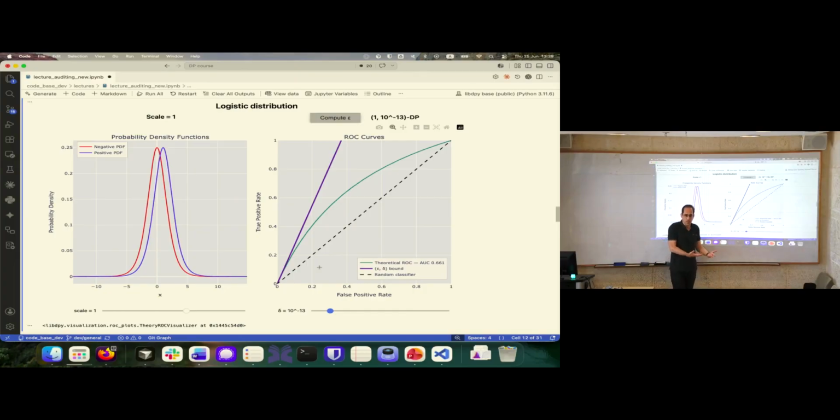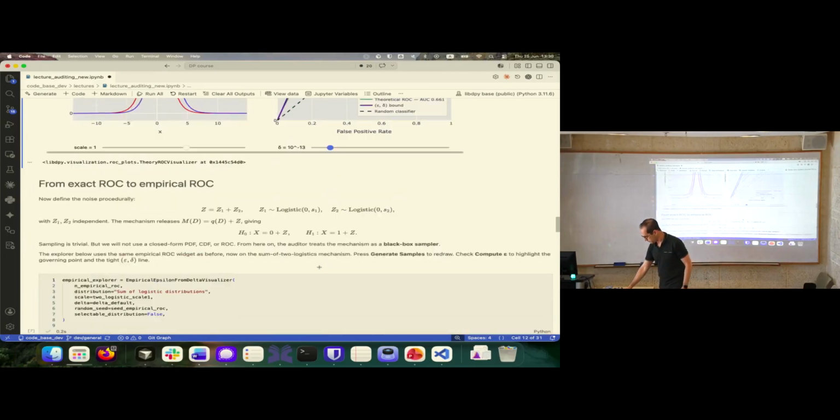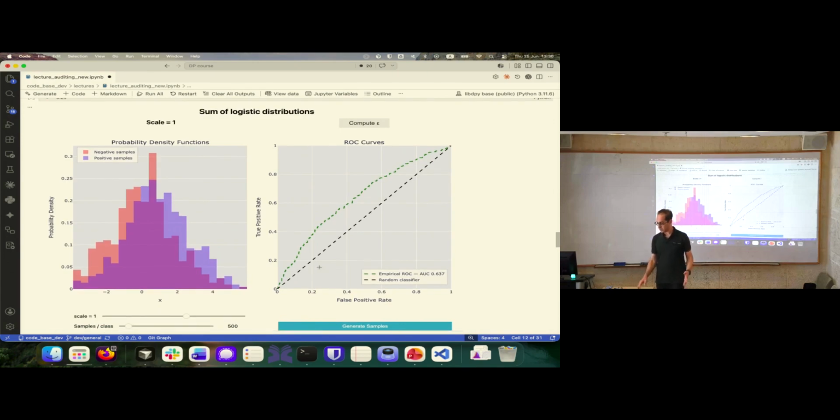What would be the corresponding thing when I don't have an analytical expression? I can't actually compute it in a closed form. I can run numerical analysis and estimate, but I can't say what the number is. But what I can do very easily is run an experiment. So this is what I did here.